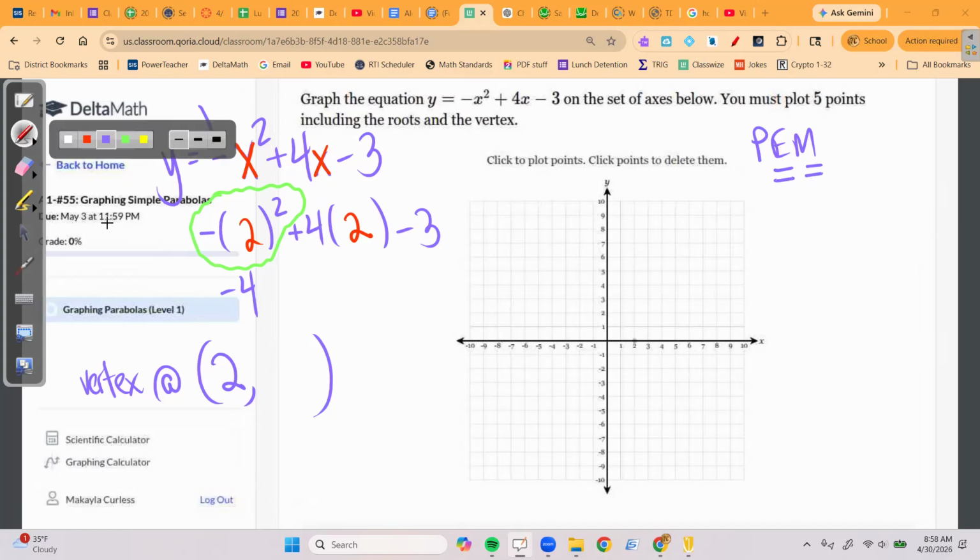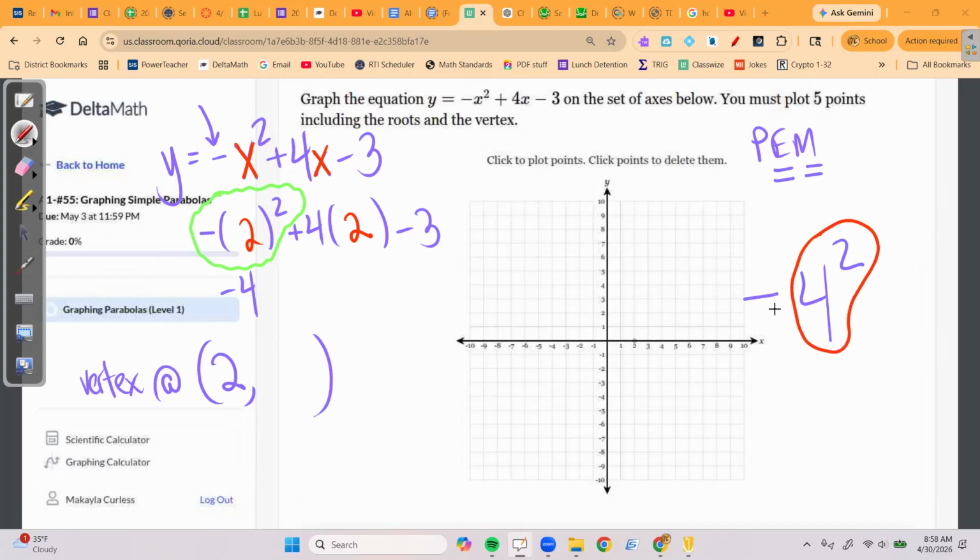I need you to agree that when I write negative 4 squared, exponents go before multiplication. And if you think about it, this negative is really just a -1 times 4 squared. So that's why the exponent, I'm just following the order of operations, right? So I square the 4 first to get 16, and then the negative comes on later. Do you follow what I mean by that?